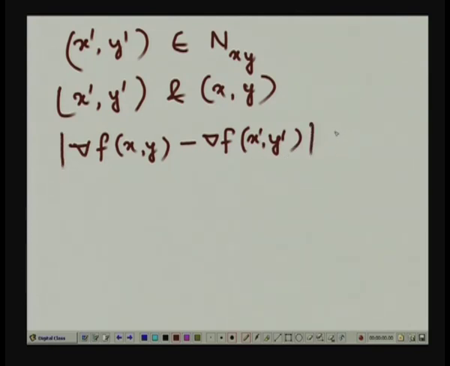That means the difference should be less than or equal to some non-negative threshold T. And we also said that the directions should also be similar.